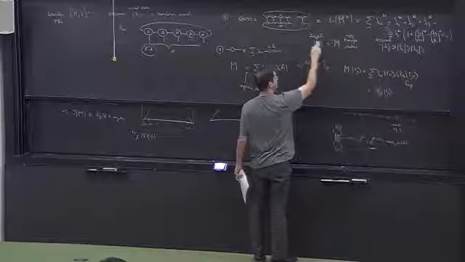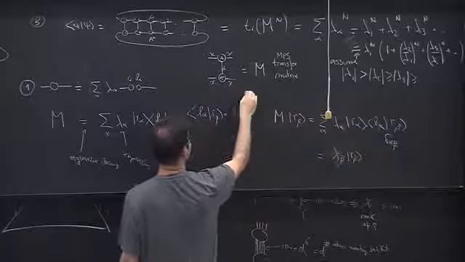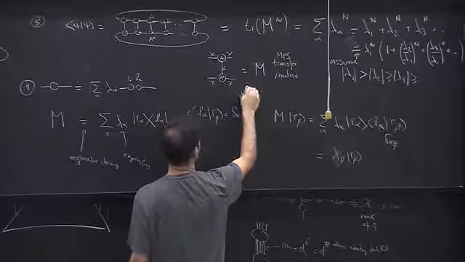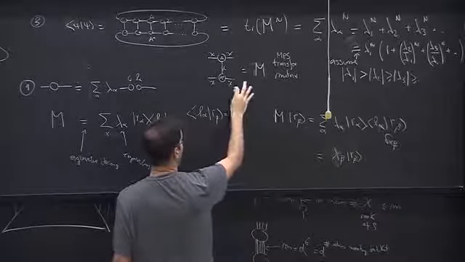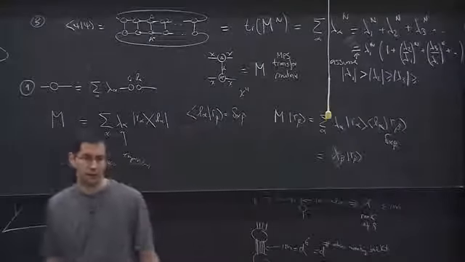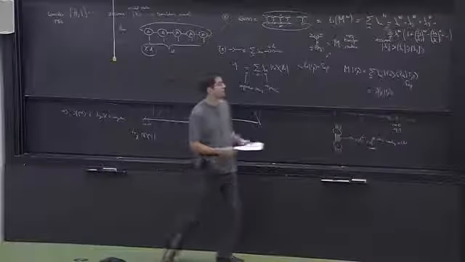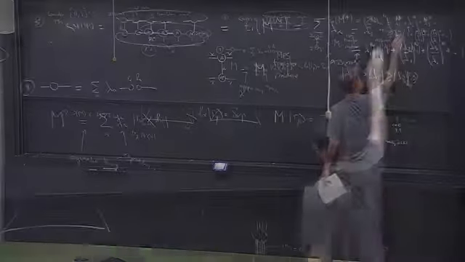We multiply this together. There is no n. There is no system size involved in this calculation, so that may be of order chi to the 4. And then we eigenvalue decompose this matrix. We get the eigenvalues, and we take the biggest one, and that's the norm, right, to the n.